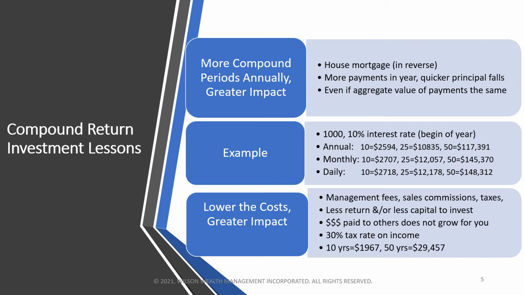And that's true even if the aggregate value of the payments is the same. So if I'm paying once a year $24,000, that will have a certain impact on reducing the principal, because a lot of that money will actually just go to the interest component of the debt.